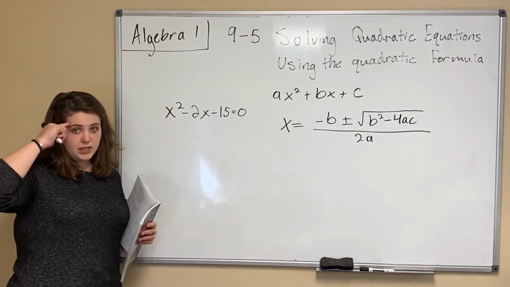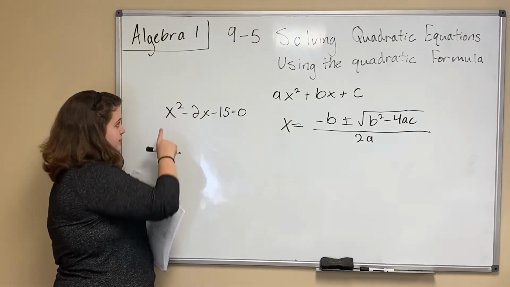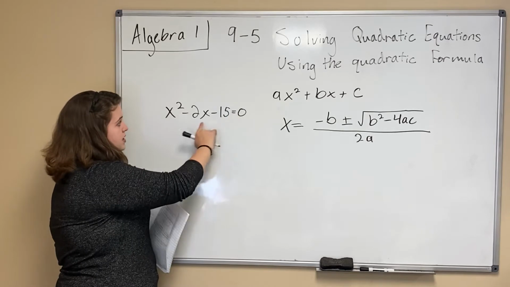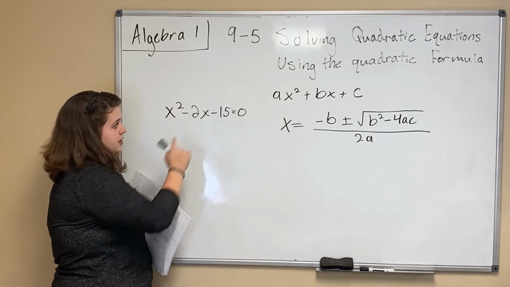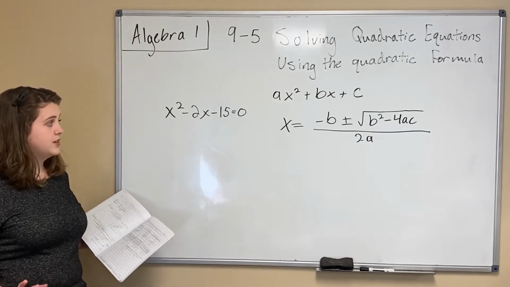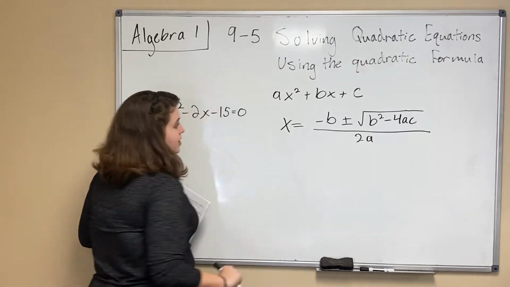Okay, the first thing we need to take note of here is our a is 1 because there's nothing in front of the x. Our b is negative 2 and our c is negative 15. That's the first thing we need to take note of. Now we just plug each of those numbers into this equation where they go.